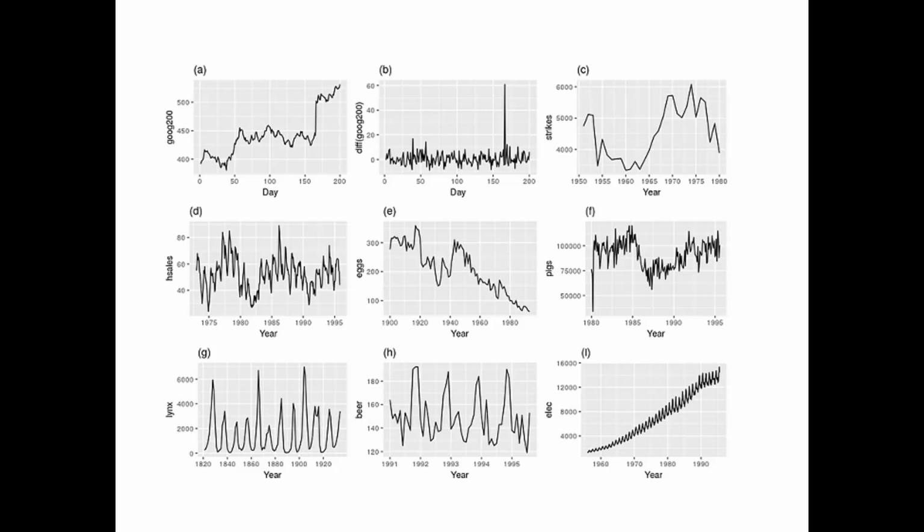For example, A, E, and very easily you can see it in I also. In some of the plots you can see there is some seasonality. You see seasonality in I very clearly, although its amplitude is increasing. You may also see seasonality in D, and carefully you will see such similar features and characteristics in other plots also.